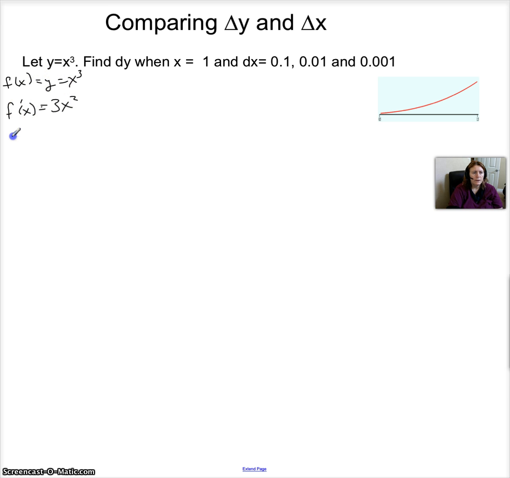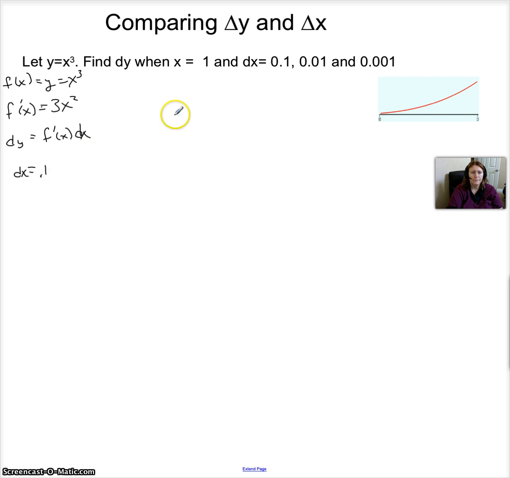All right, now I know my differential in y is f prime evaluated at x at any point times dx. Now let's let dx equal 0.1.